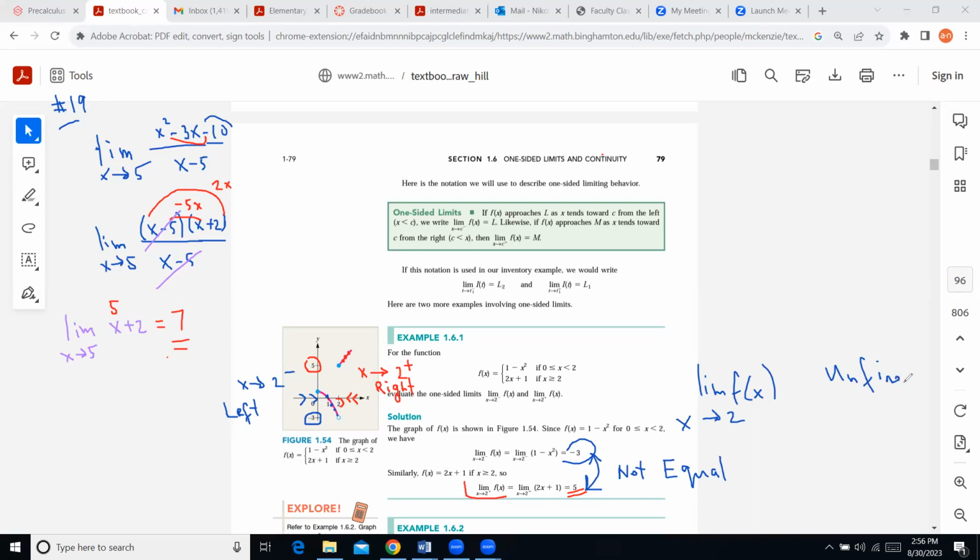We don't know what it is. The reason we don't know what it is, because again, limit is concerned with y coordinates. So when you get closer to -3, but if you jump on the other side, then you get y coordinates with 5. So where are you? Are you here or there?